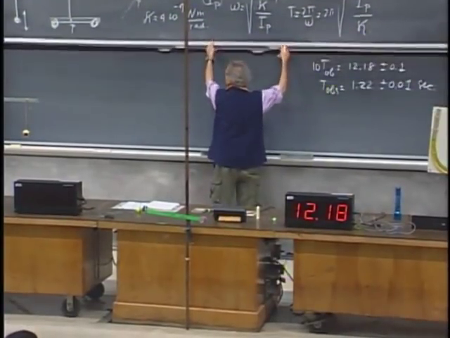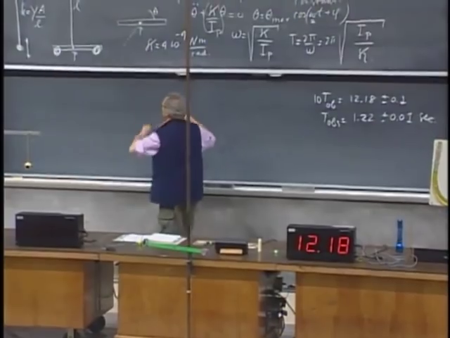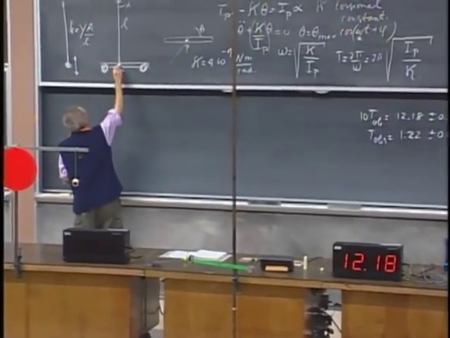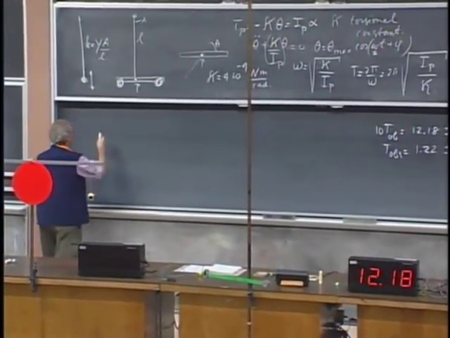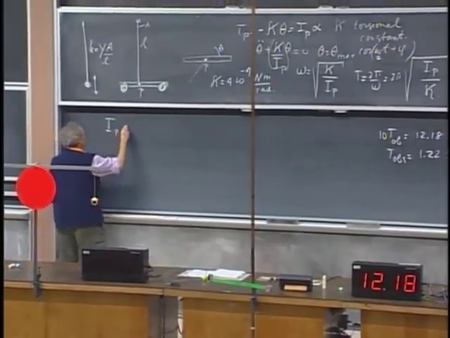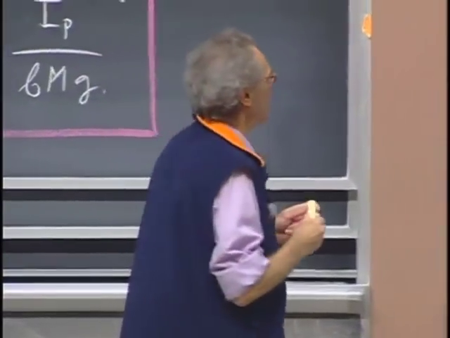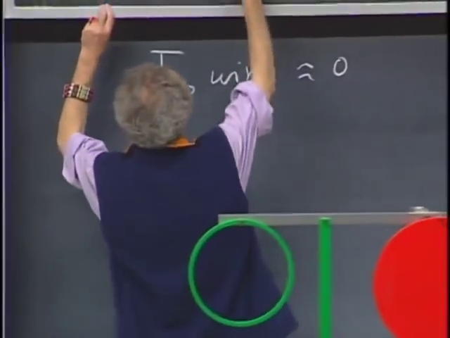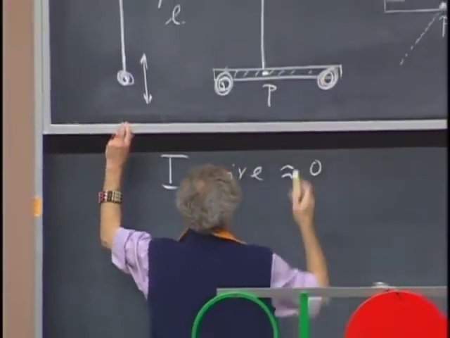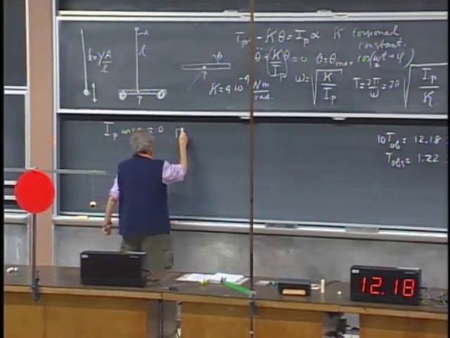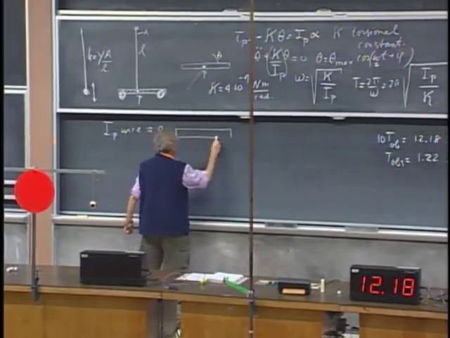Look at the bar and look at the wire. The wire is so thin that the moment of inertia relative to point P of the wire is very close to 0. Remember, it is proportional to r squared. You can forget about that. Almost all moment of inertia is in this system. I'll blow up that system for you. Here it is.